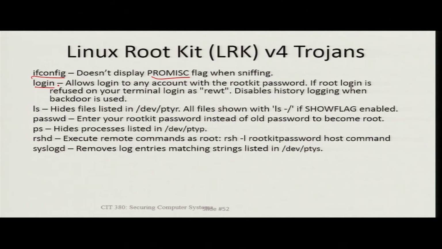Login, ls, password, ps, rshd, syslogd, all these things are replaced by various versions that are used to check what processes are running, what files are created and things like that.